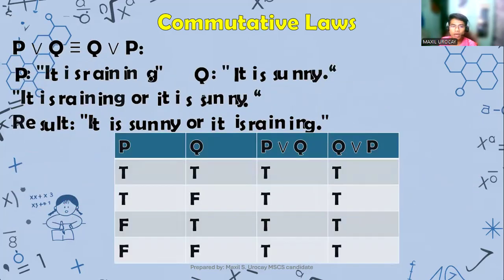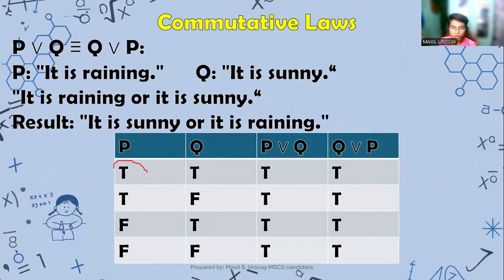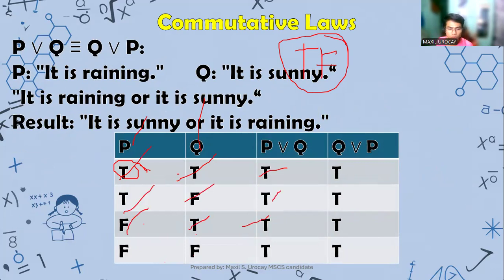Let's try to see. So, if we have true and false as our set, we'll begin to check the combination. The combination is true true, true false, false true, and false false. So for the combination of true and true, what will be the calculation for P or Q? True plus true is true. True plus false is true. False plus true is true.